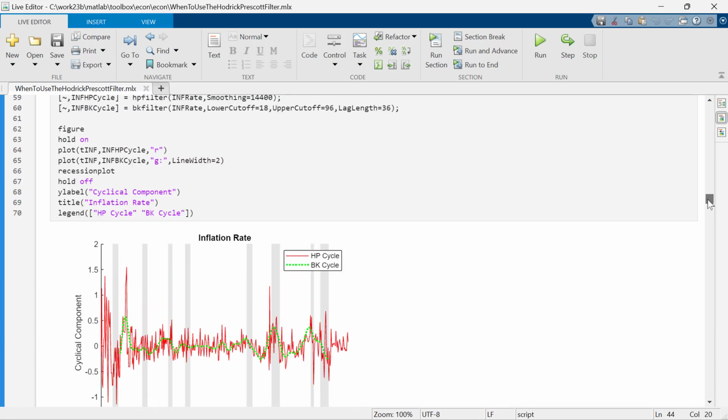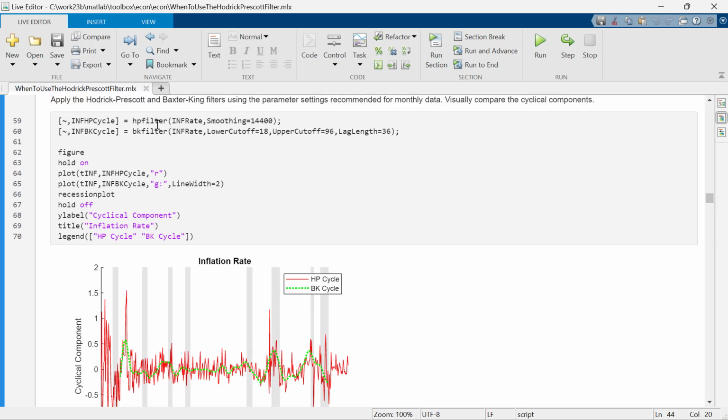And then we apply, in the same way as we did up above, both the HP filter and the BK filter to this inflation rate data.